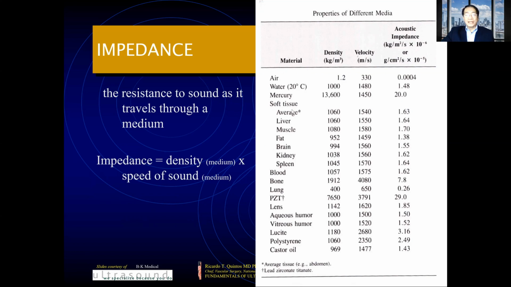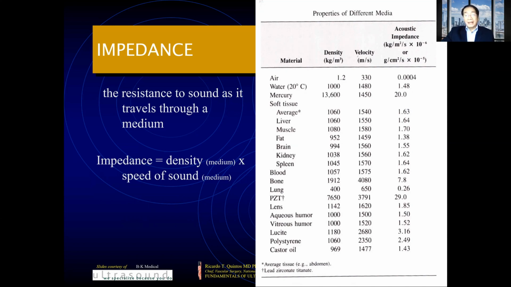You will see that among blood and soft tissue, the acoustic impedance does not differ significantly. So sometimes you will see ultrasound images of blood, and the propagation speed of the ultrasound through blood and through soft tissue is not going to matter too much.